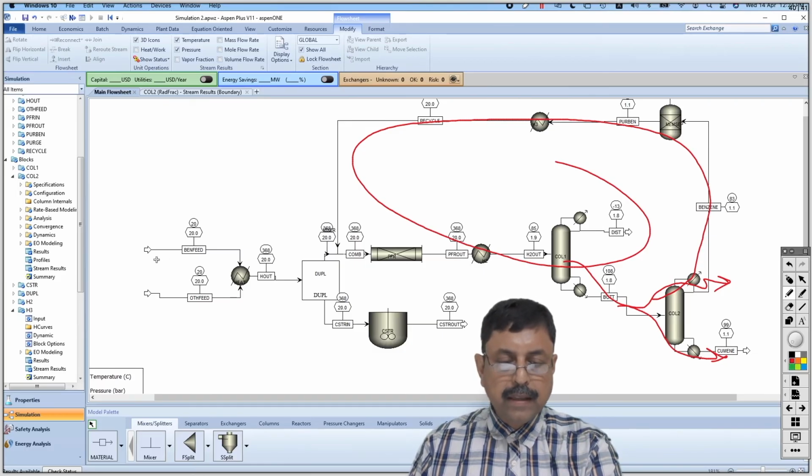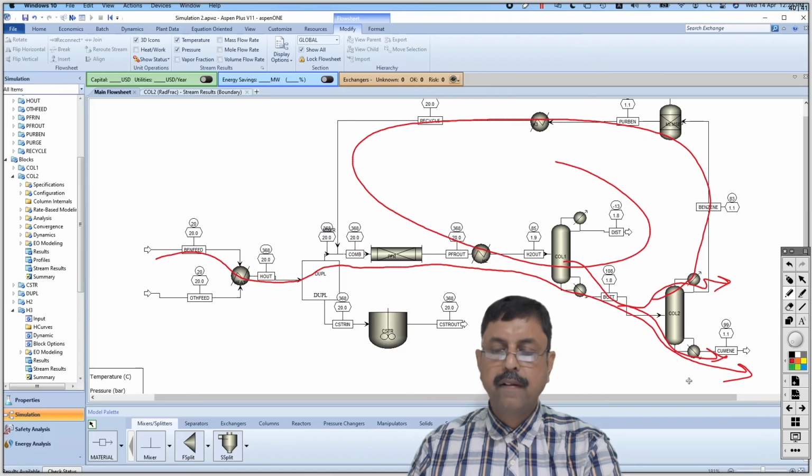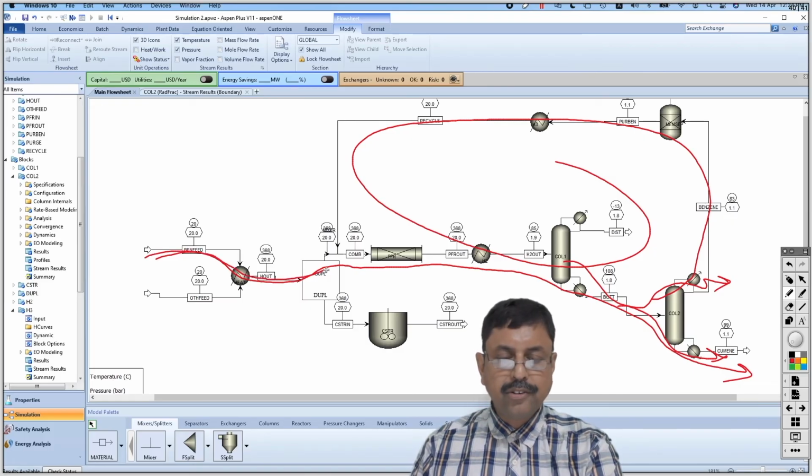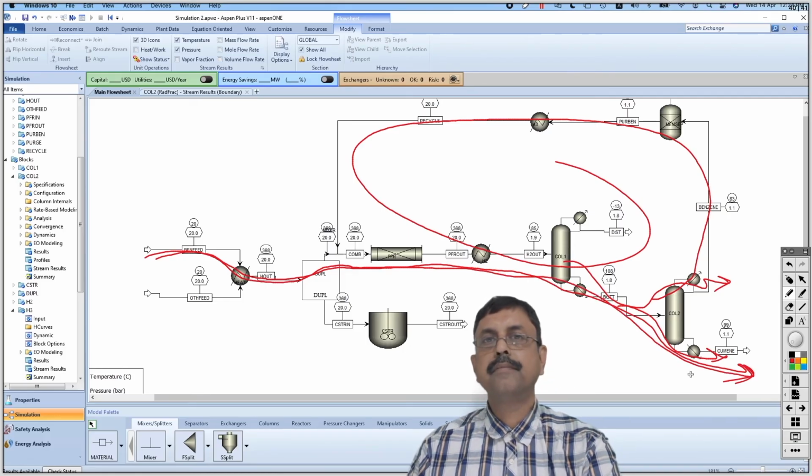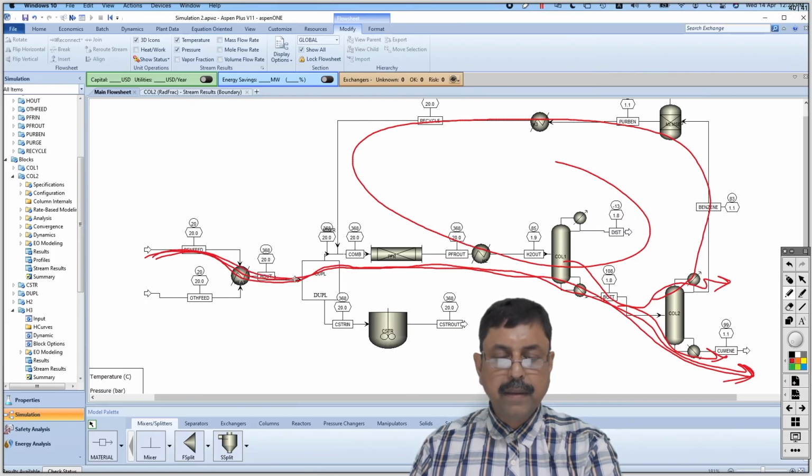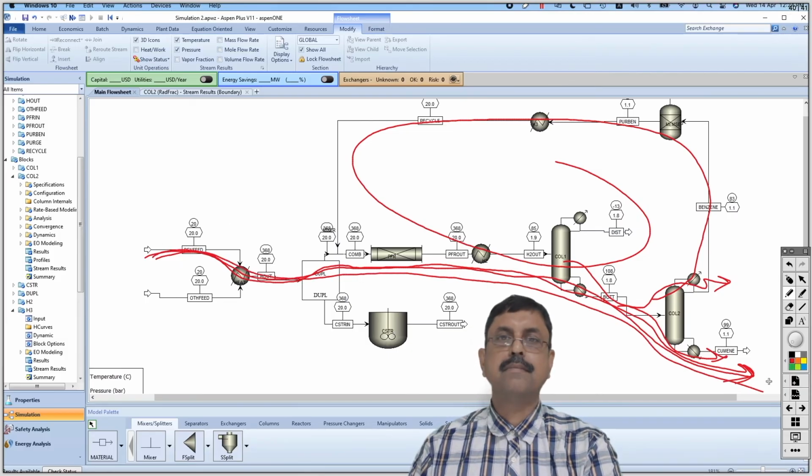The rest of the benzene coming into the system has only one outlet, that is over here. So this entire extra benzene is coming out through this cumene line.